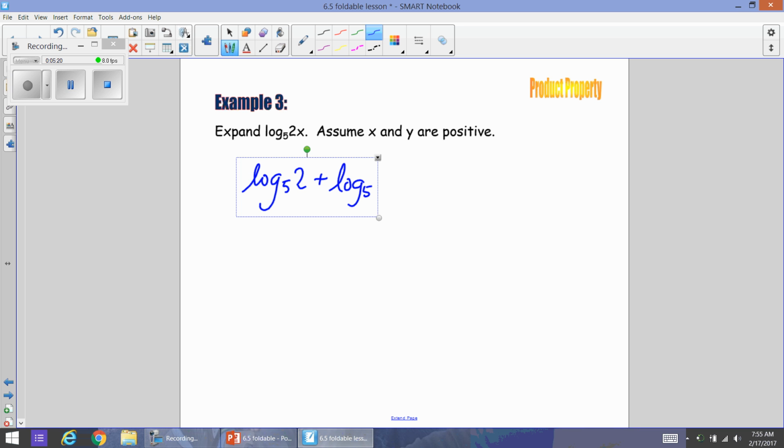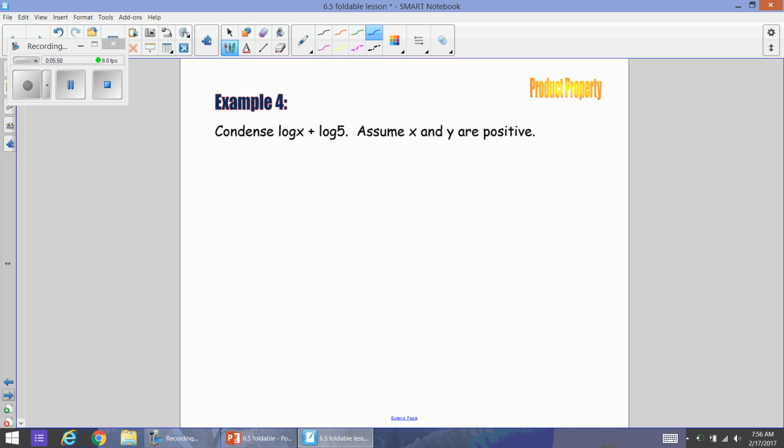Okay, look at this. This is log base 5 of 2 plus log base 5 of x. It got bigger. It expanded. That's right. Expand means get bigger, and so we took what used to only have one logarithm, and now it has two logarithms, but we are, in fact, done.